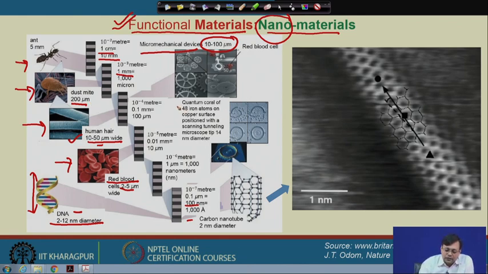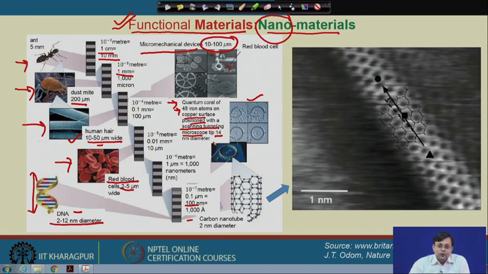Whereas, if we think about this kind of microstructure, this is a quantum coral of 48 atoms positioned on a copper surface, and this image has been taken using an STM, a scanning probe microscope, the name is scanning tunneling microscope. Here the tip itself, which helps to develop such a microstructure, is 14 nanometer in diameter.